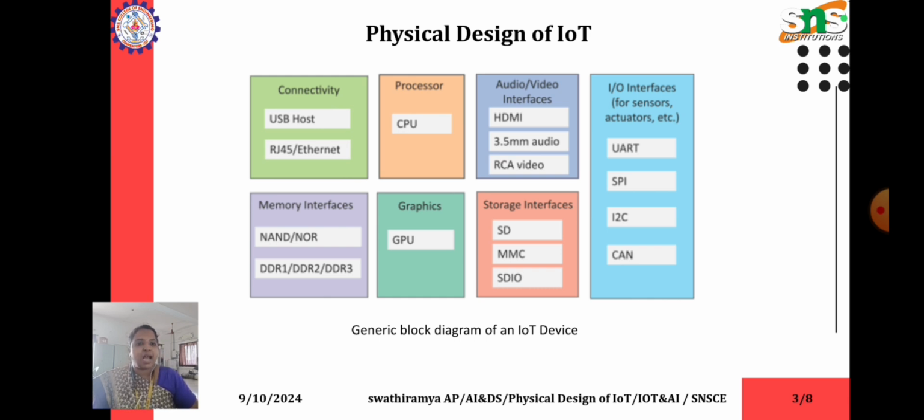Next comes I2C, which is nothing but the inter-integrated circuit. I2C, that is, inter-integrated circuit, is a serial communication interface used to communicate between the components on the same circuit board.